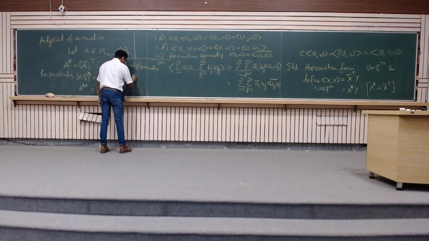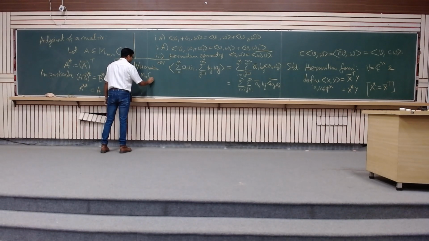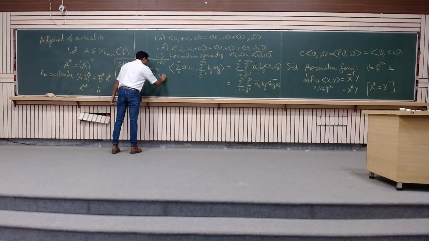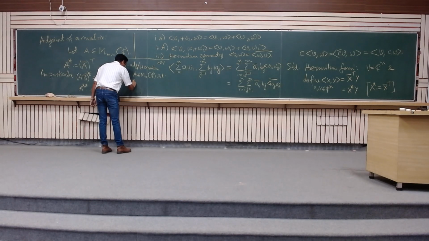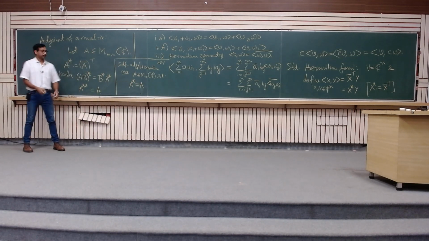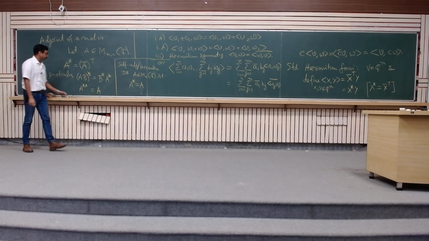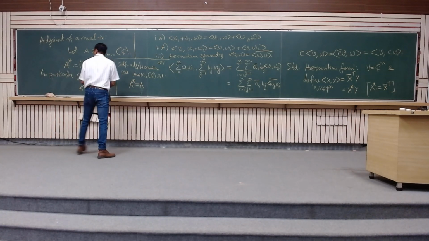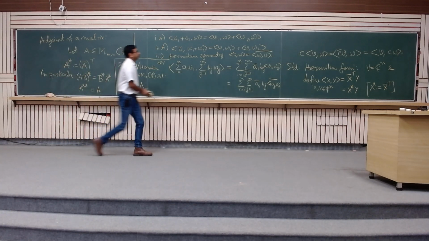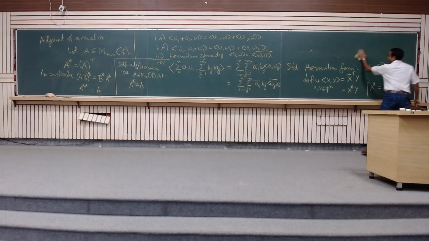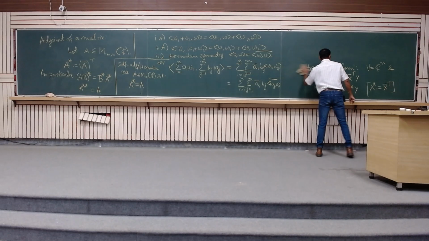So these are just the matrices A in M_n(C), that is n cross n matrices with complex entries, such that A star is equal to A. That is, you take the bar transpose of A, you get A back. Now here we would like to give you a few easy to do exercises.